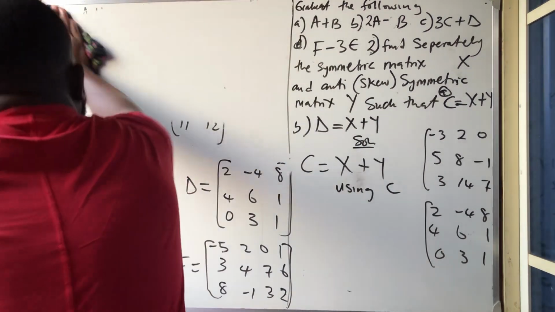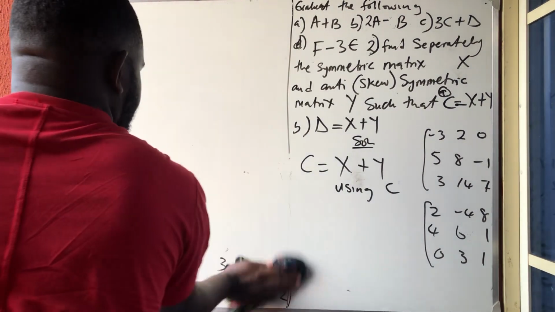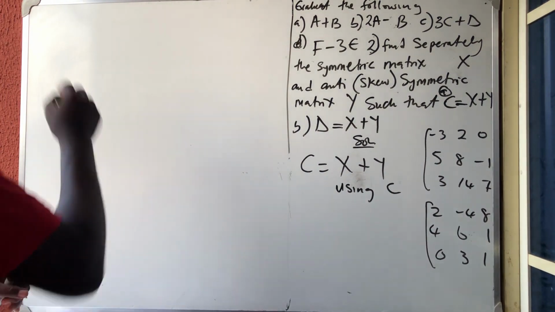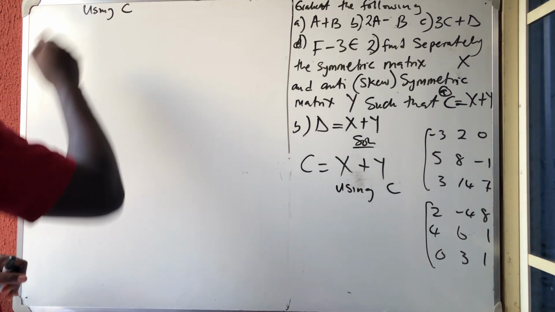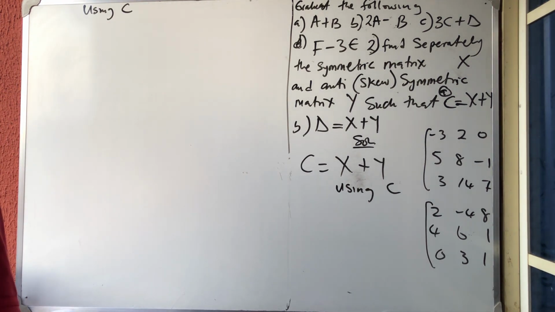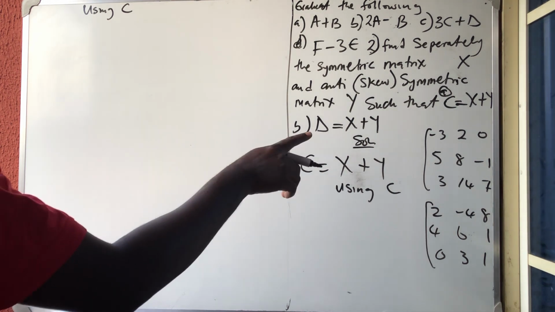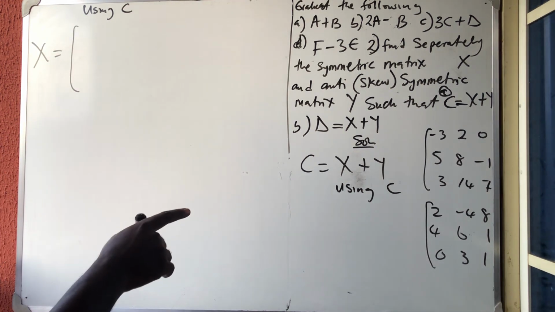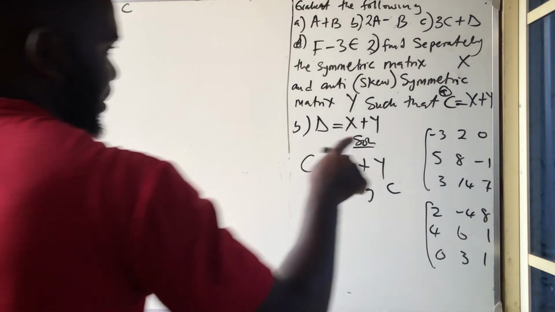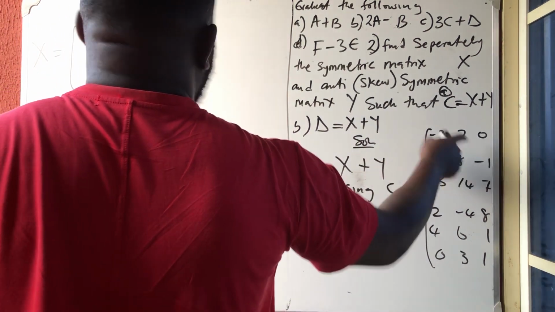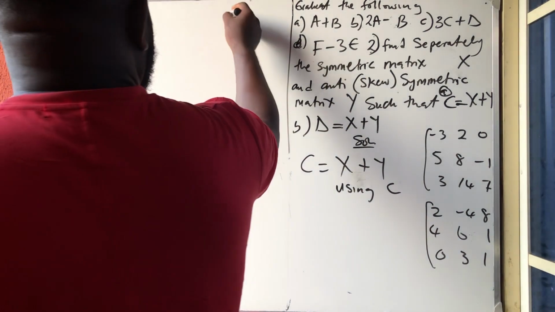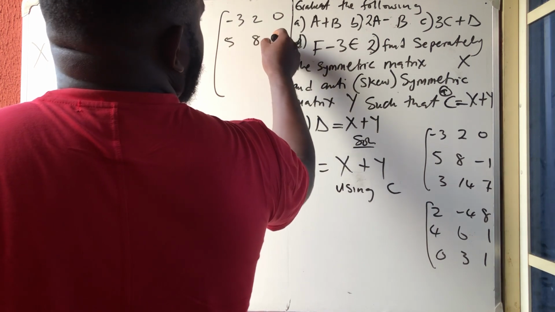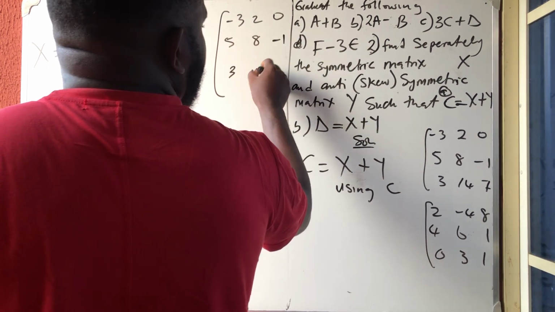So I want to use these two. Let me clean here and make use of this side. Now, using C, we know that our C is this. Now we want to get a symmetric matrix, that is X, from that C. My C is minus 3, 2, 0, 5, 8, minus 1, 3, 14, 7.